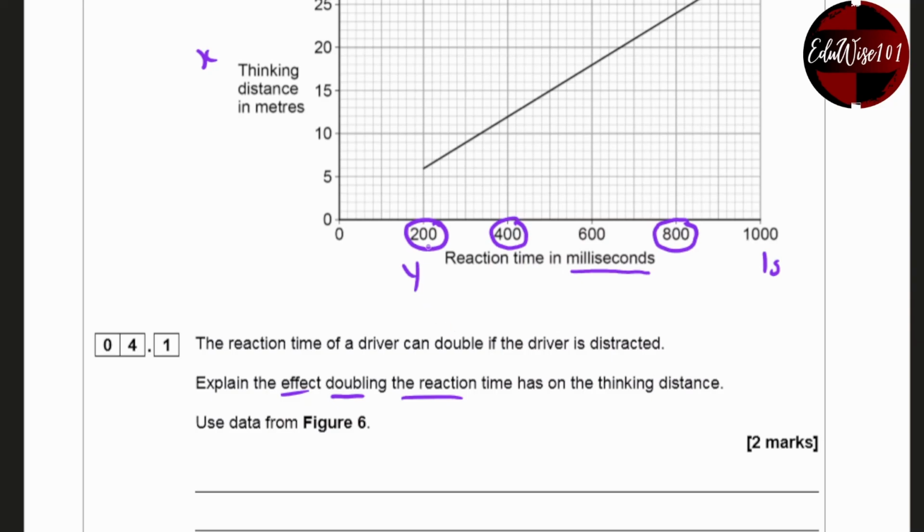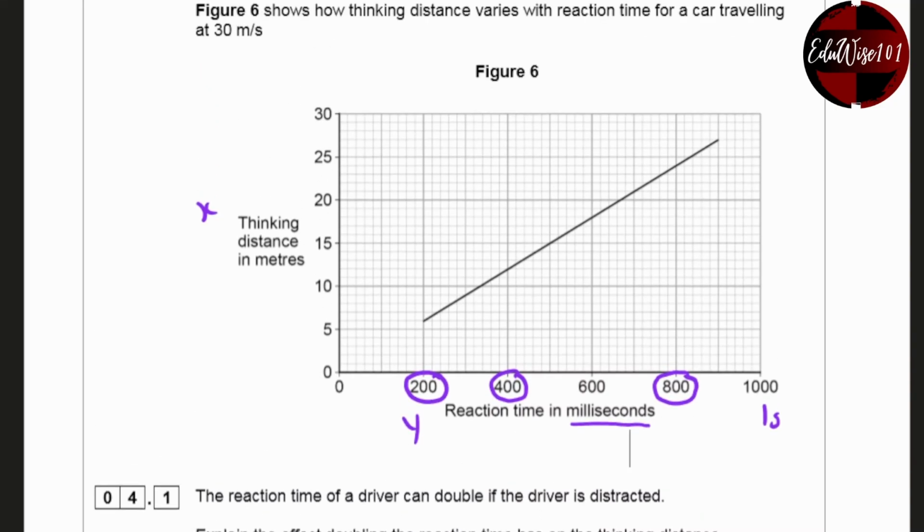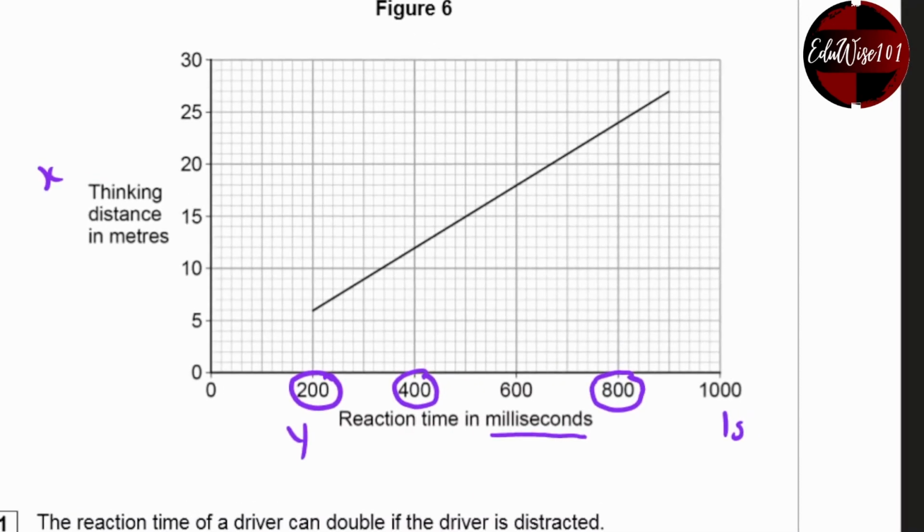When the reaction time, let me make it bigger so you can see. So here, at 200 milliseconds, that's about 6 meters. If you double this from 200 to 400, what happens to the thinking distance? Well, that's 12 meters.